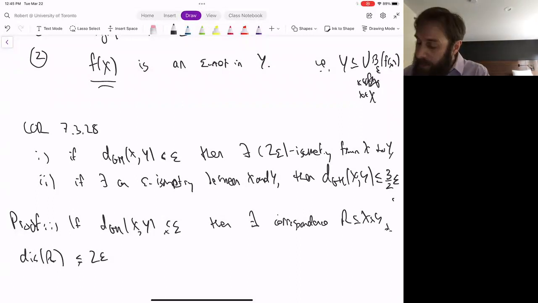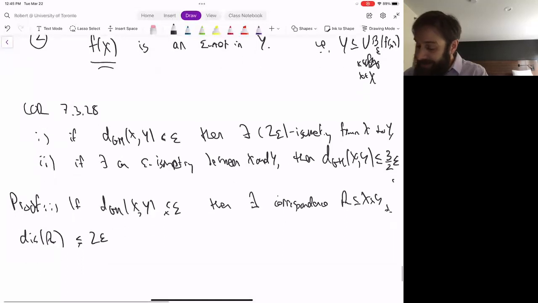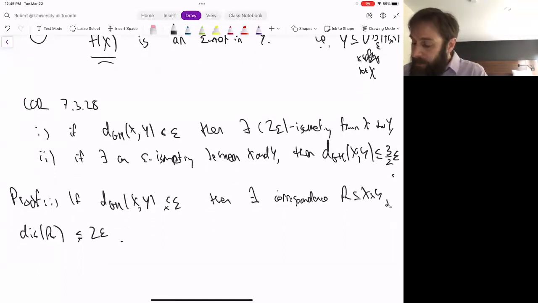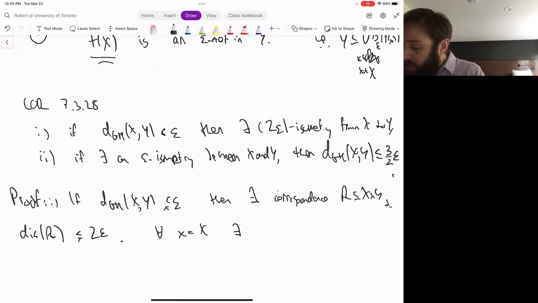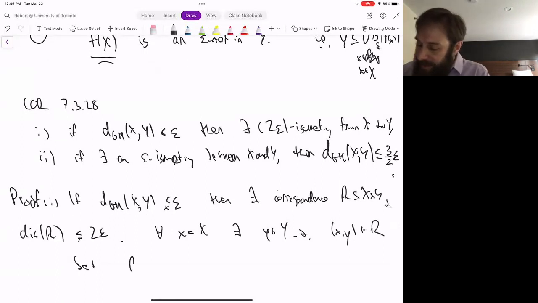And I'd like to turn this correspondence into a mapping from X to Y. For every x in X, because the definition of a correspondence was that there exists a y in Y such that (x, y) is in R, I'm going to set f of x to be y.